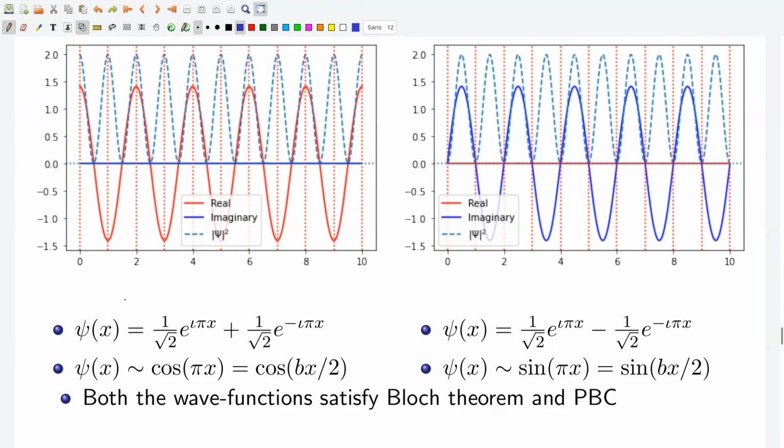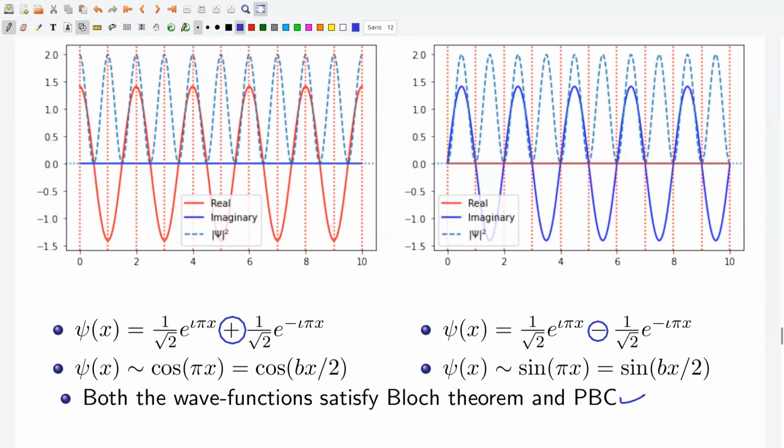Thus, we have plotted for psi x equal to 1 by square root of 2 e power i pi x plus 1 by square root of 2 e power minus i pi x, and psi x equal to 1 by square root of 2 e power i pi x minus 1 by square root of 2 e power minus i pi x. Clearly, both the wave functions satisfy Bloch theorem as well as periodic boundary condition.